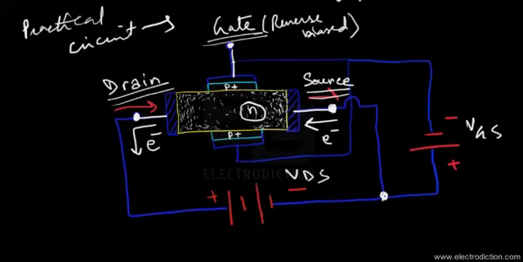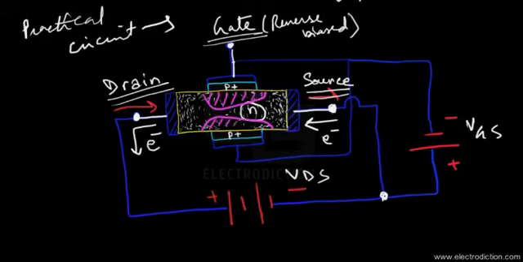Applying a reverse bias at the gate terminal leads to the formation of a depletion region deep within the n-type semiconductor material.